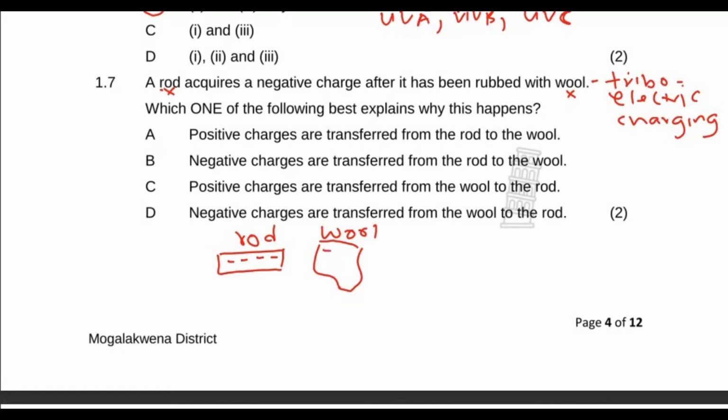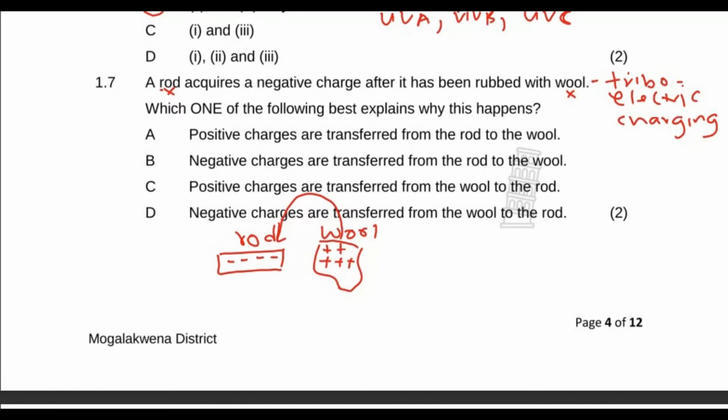This means that the wool will have a shortage of negative charge, because the negative charge was actually transferred from the wool to the rod. Only negative charges can be transferred. Positive charges cannot be transferred because they are tightly bound to the nucleus. When you do chemistry, I think in the second term, you will learn about all of these things.